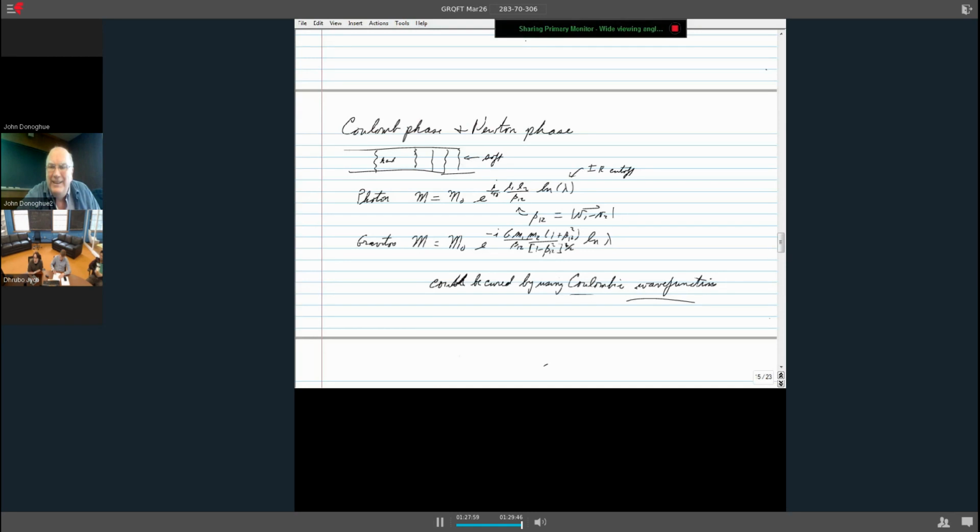But there's the equivalent: minus i G M1 M2 over beta 1 2. And there's the funny beta factors, 1 plus beta 1 2 squared over the square root of 1 minus beta 1 2 squared, times log lambda.